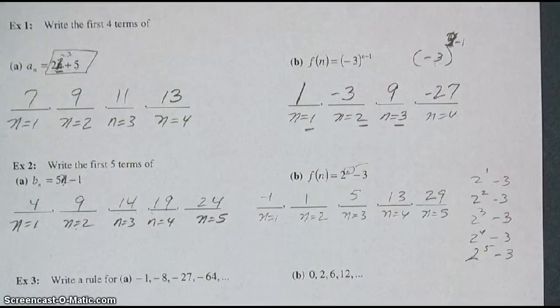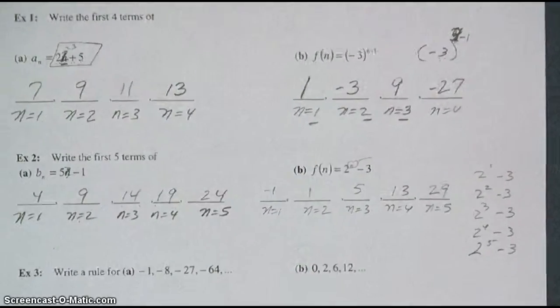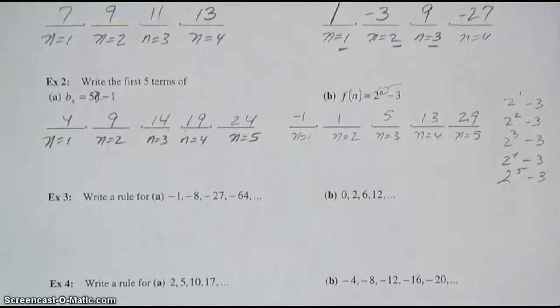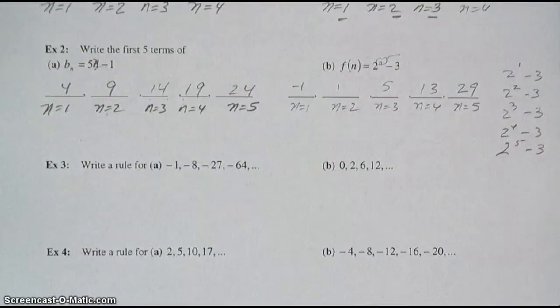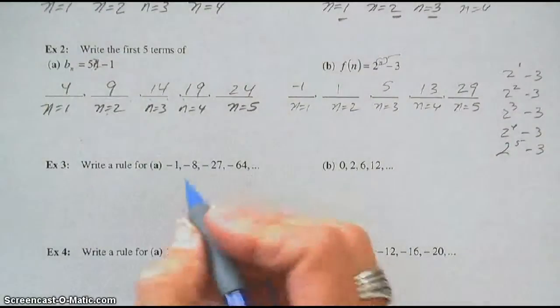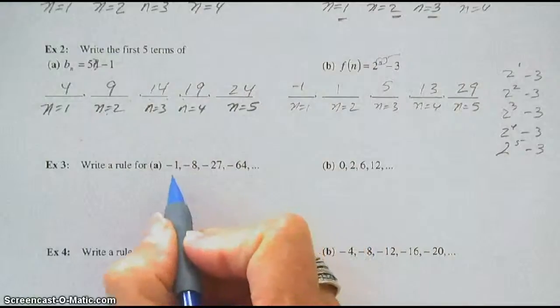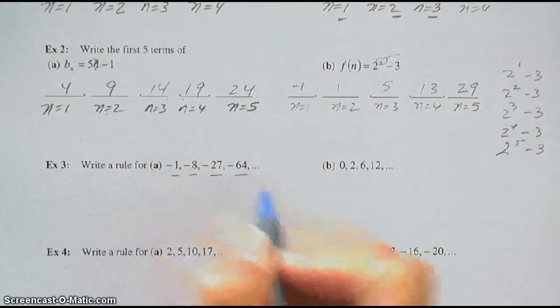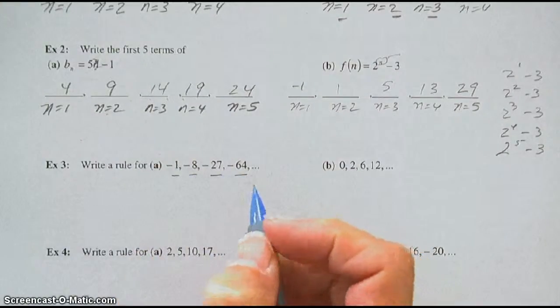To find the rule, you look for patterns and see if you can write what those patterns are. So again, sometimes these are easy to see, sometimes they're kind of hard to see.